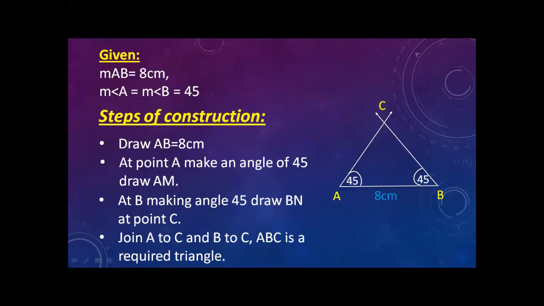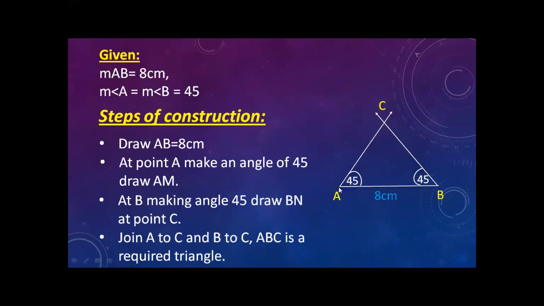So in case number 3, what we have done, we have one side and two angles given. A side is always given in any case because the baseline is very important for construction of triangle. Now repeating the steps. Step number 1, draw a baseline of 8 centimeter. Step number 2, at point A, make an angle of 45-degree.